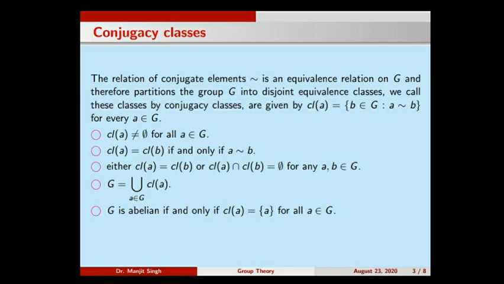It means that the class of a contains all conjugate elements of a. Since a is a conjugate of itself with respect to the identity element, the class of a is non-empty.